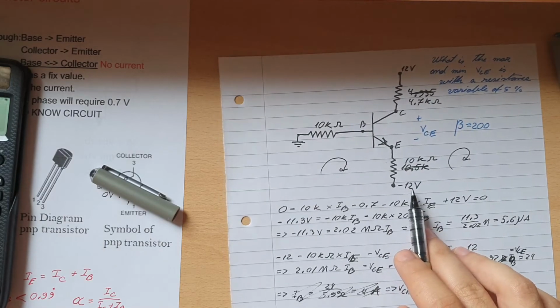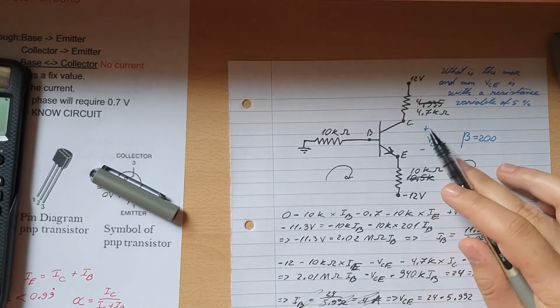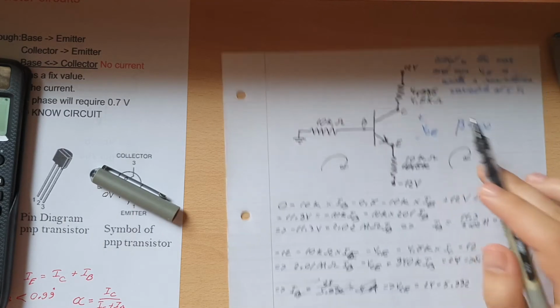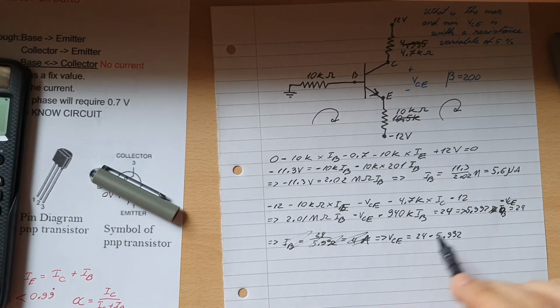So this one says negative. I gotta take K here, 4.7K here, and the 12 that's negative. Together it'll be minus 24. Move to the other side, it'll be 24. Good.